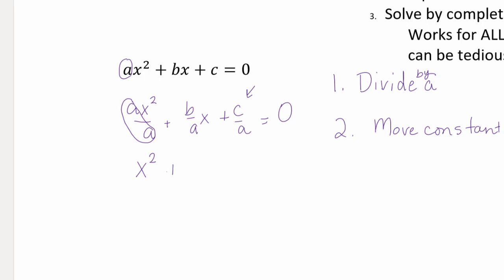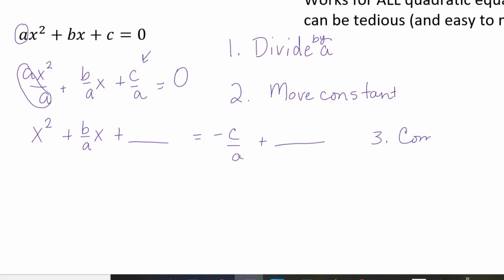And then here we have b over a times x, and I'm going to leave some room here, because this is where I'm going to complete the square, and then over here I'm going to subtract the c over a, and again leave room for where I'm going to complete the square, which is step number 3. So step number 3 is complete the square.